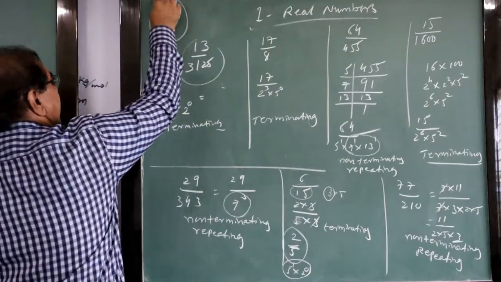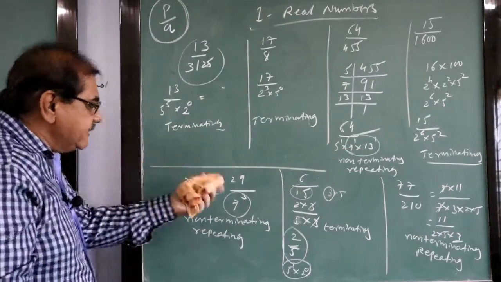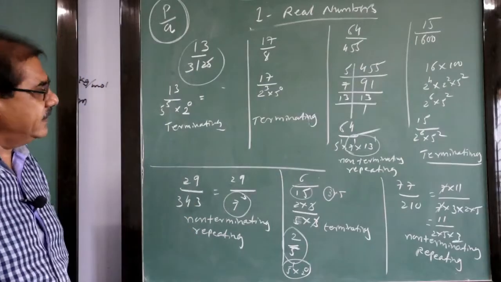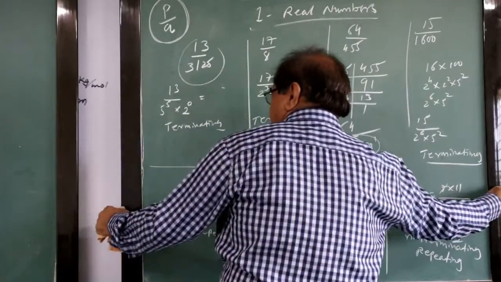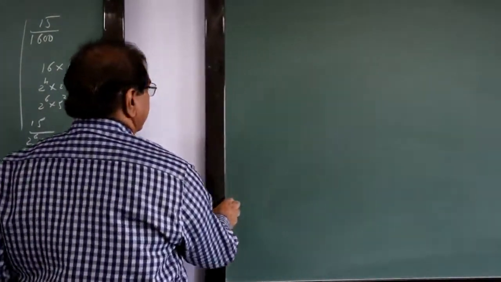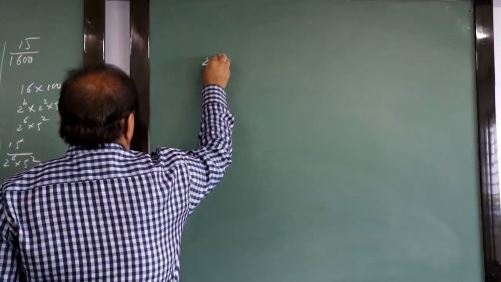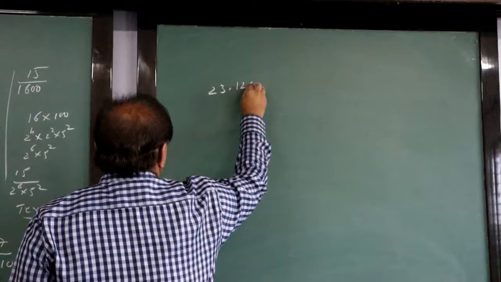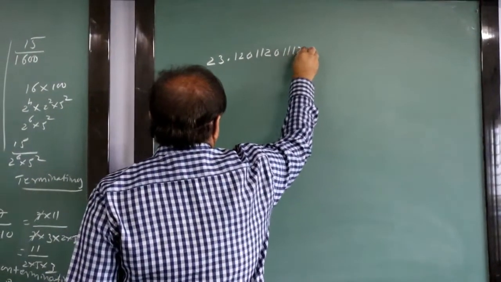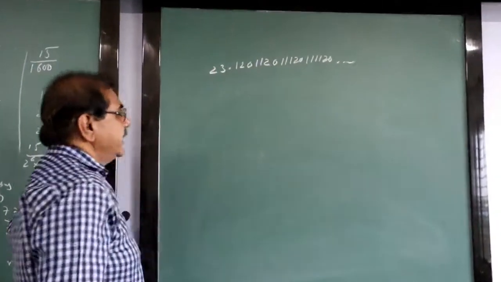Number one, we cannot write it in the form of p upon q because it is not rational. But suppose the decimal expansion of such a number is to be written, then in which way could it be written? Let us think, because it should neither be terminating nor recurring. So suppose I say 23.12011201120 and so on.